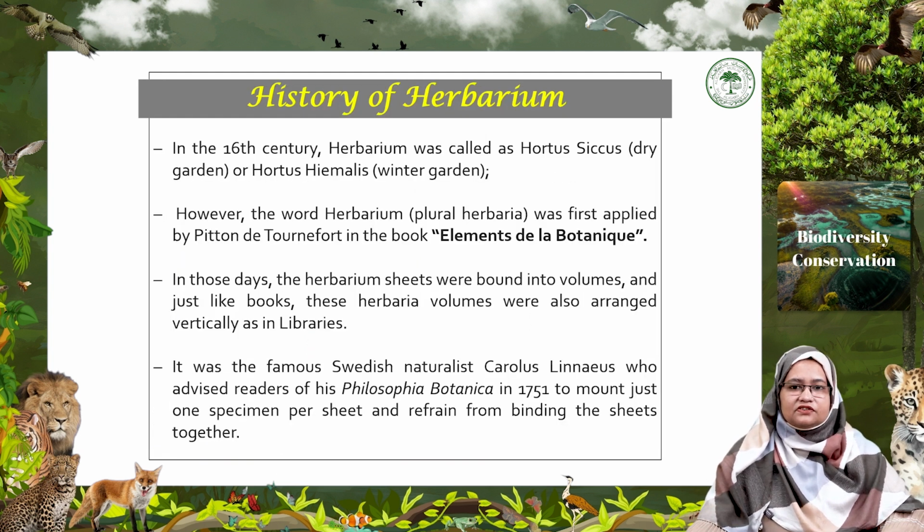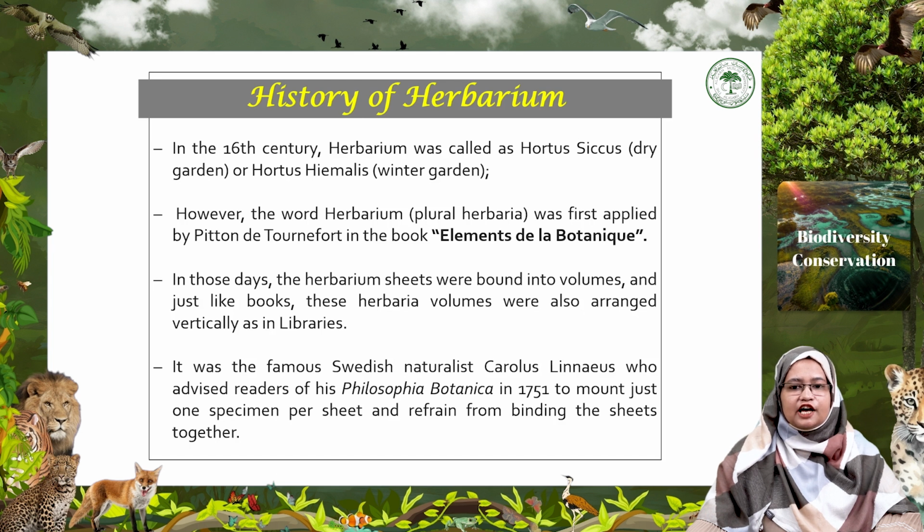So in the 16th century, these herbaria were called Hortus siccus, that is dry garden, or Hortus hiemalis for winter garden. However, the word herbarium, the plural being herbaria, was first applied by Pitton de Tournefort in the book Elements de Botanique.